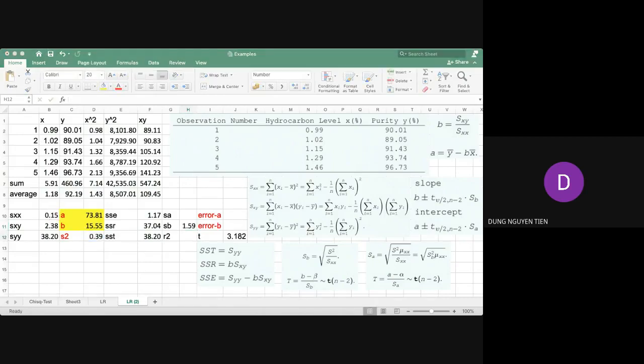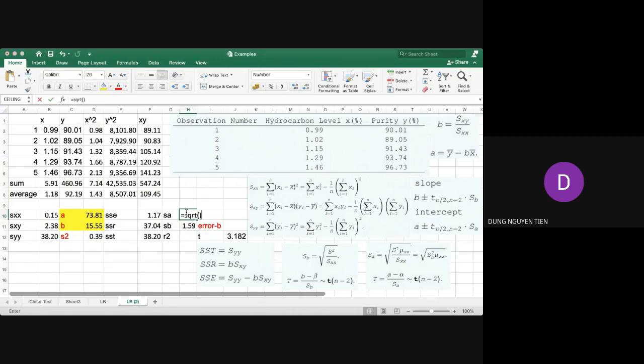Okay, is that clear? And then you can see that the s_a is the square root of the s squared times the average value of xi squared over the Sxx, right? And you get the s_a.